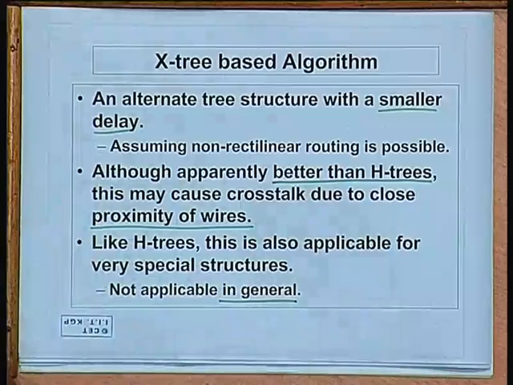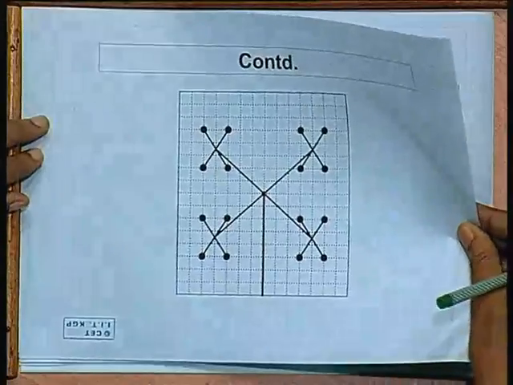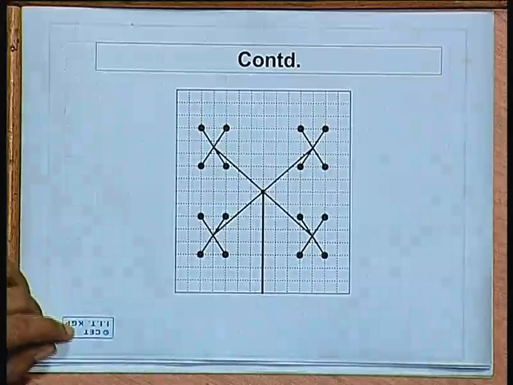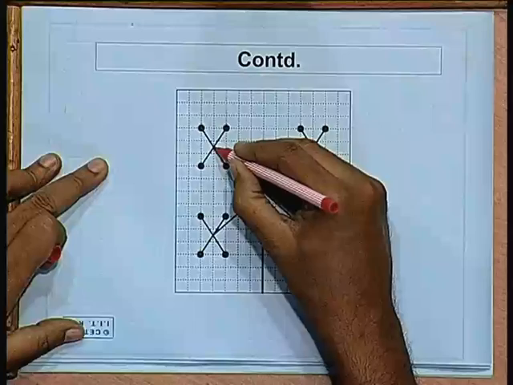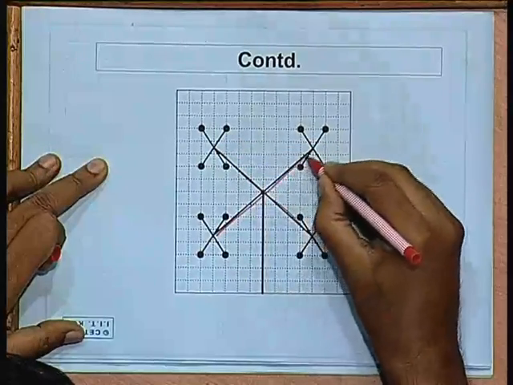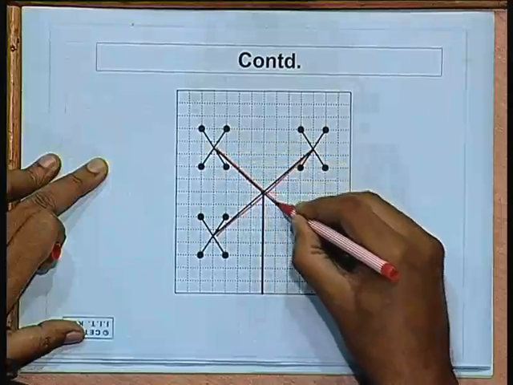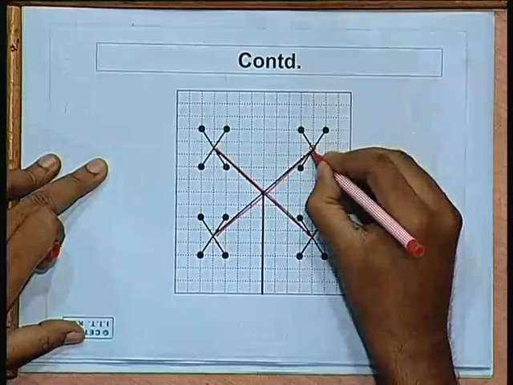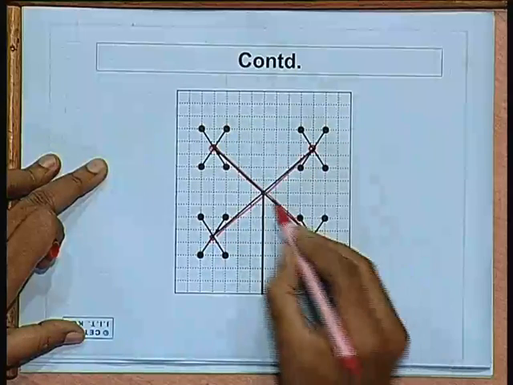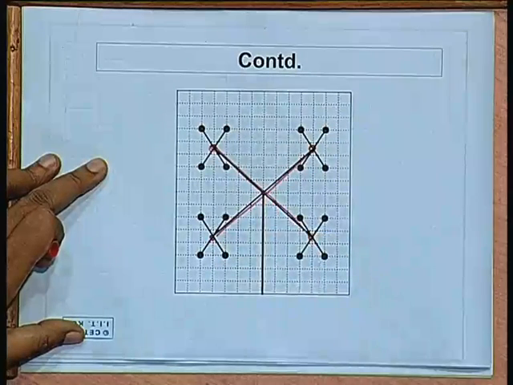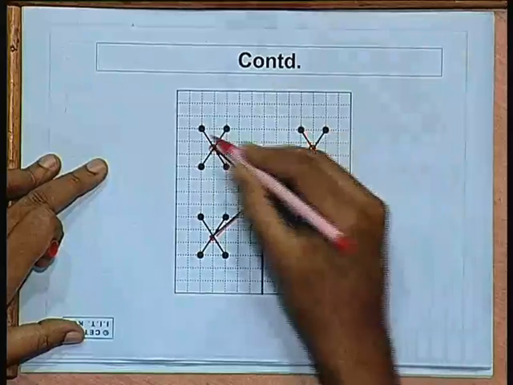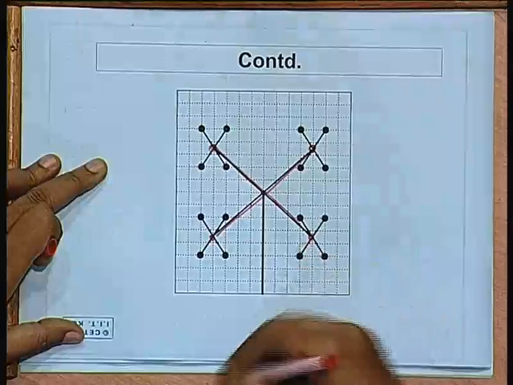Okay, so let us look at an X-tree structure. Well, I have shown you this structure at the end of iteration 2. So, the first iteration, this was the X which was constructed. This is an X which connects these 4 points, and the clock source was the center of the X. So, in the next level of iteration, from this center you generate another X, another X, another X, another X. This will go on extending.